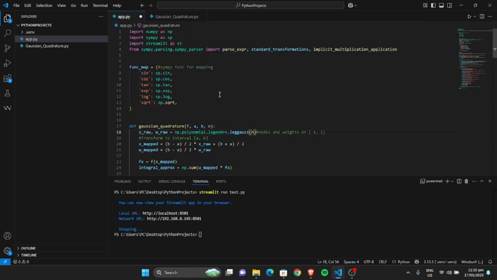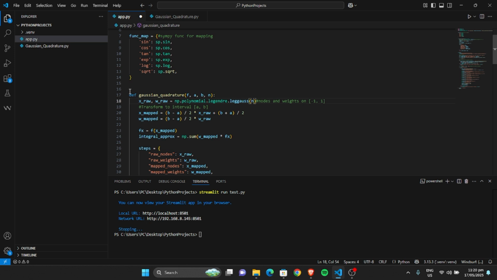And it also has a function at the line 7 block of code. We have a function map used in mapping functions in SymPy.